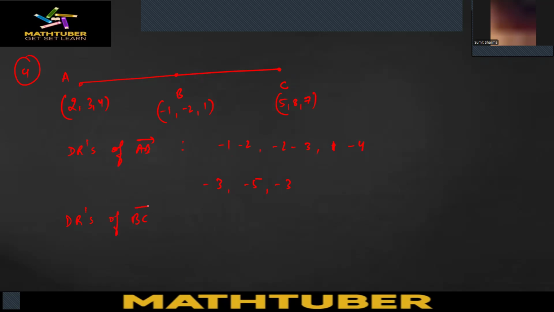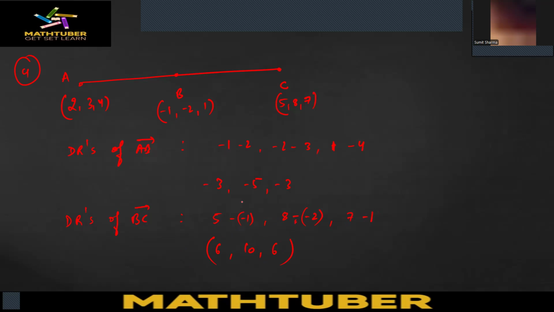Now BC vector. So the direction of BC vector is 5 minus minus 1, 8 minus minus 2, and 7 minus 1. So it will be 5 plus 1, that is 6, 8 plus 2, that is 10, and 7 minus 1 is 6.